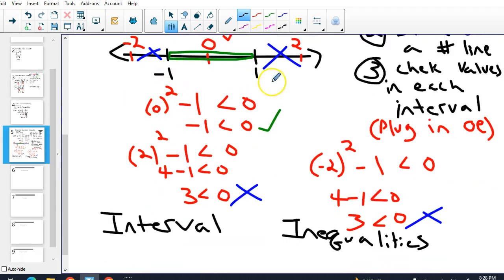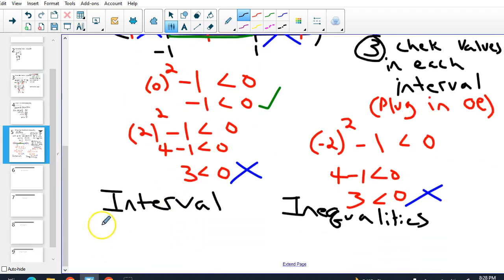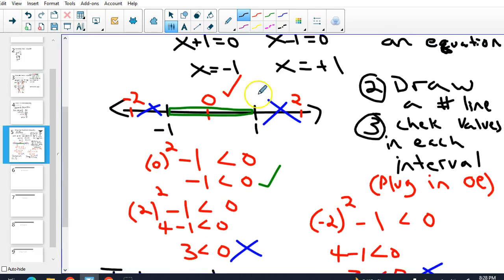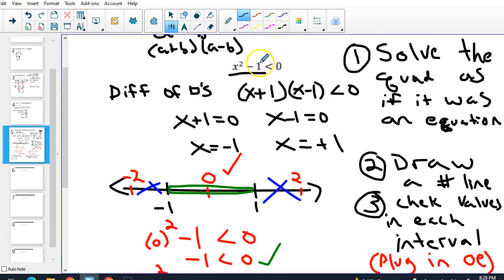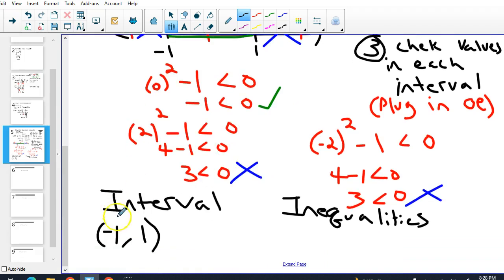That means -1 and 1 are not included in our solutions. So we have from -1 to 1, with parentheses representing the no line underneath, meaning it's not "or equal to." So it's from -1 to 1, not including either endpoint.